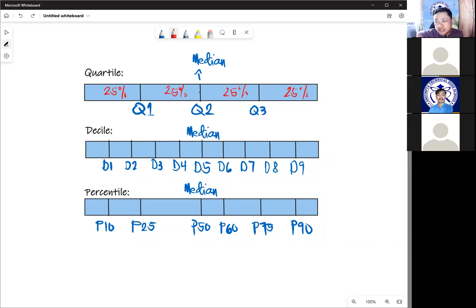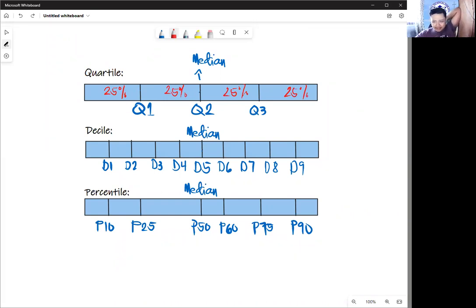Similarly, when we do the grouped data. What we will be doing here is just similar to what we did last week. So parang review lang siya. Just that we will be dealing with different formulas now, especially with the decile and the percentile. Okay? Show me a reaction if you are ready to move on to the real process in solving this.